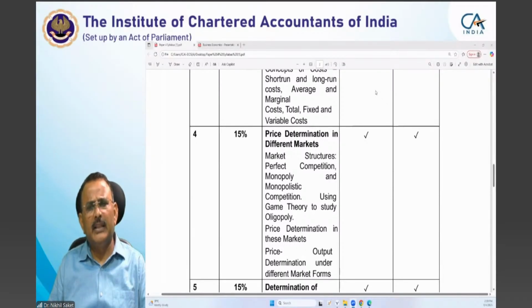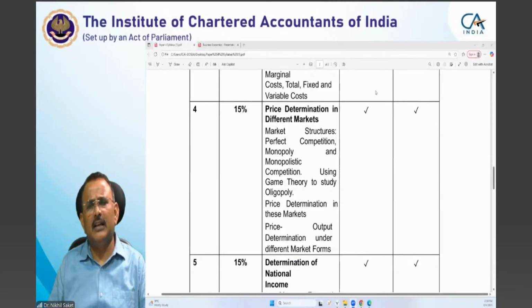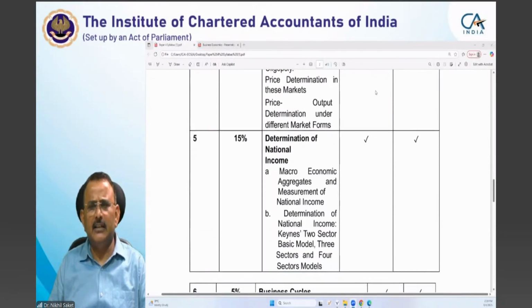From that perspective, you have to be very clear about all these concepts. And many questions in the examination come from this unit, because it carries a weightage of 15%. Next is determination of national income.